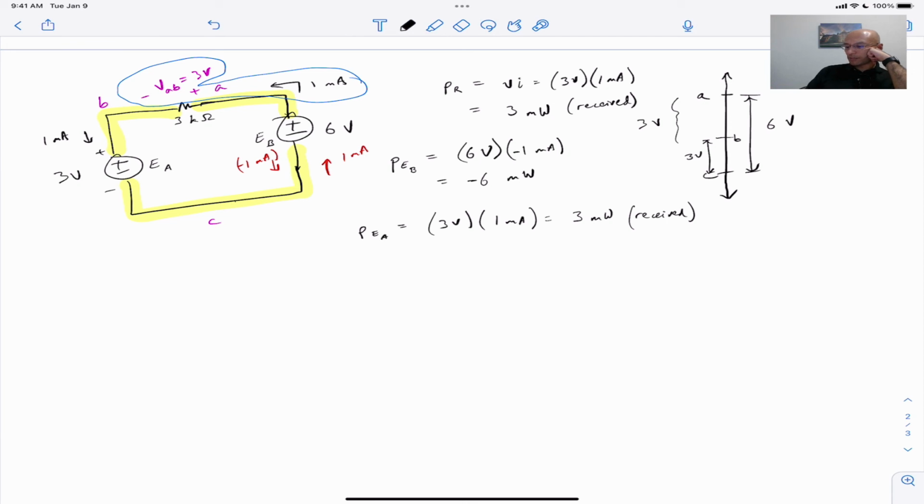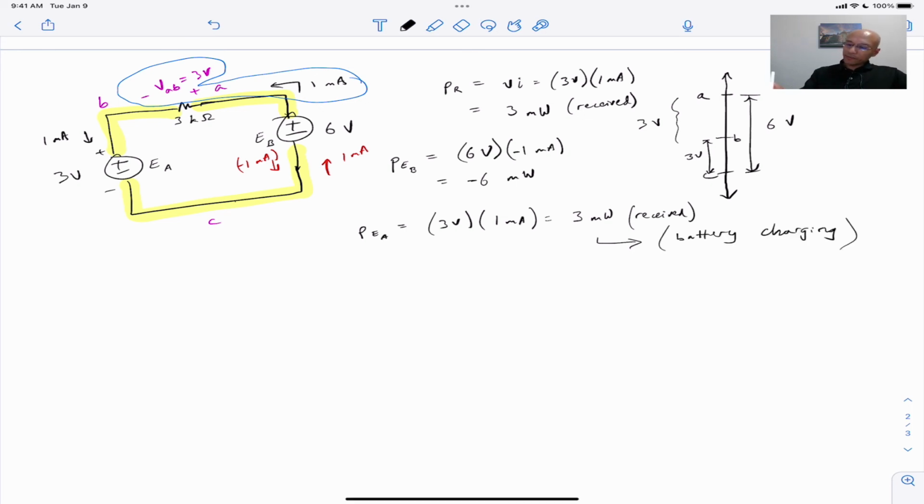Battery B is supplying. Notice that battery B is supplying both battery A and the resistor, and the supply is equal to the demand. So it all adds up to 0. That's the conservation of power. And so what does it mean when a voltage source is receiving power? Well, it might mean that the battery is charging.